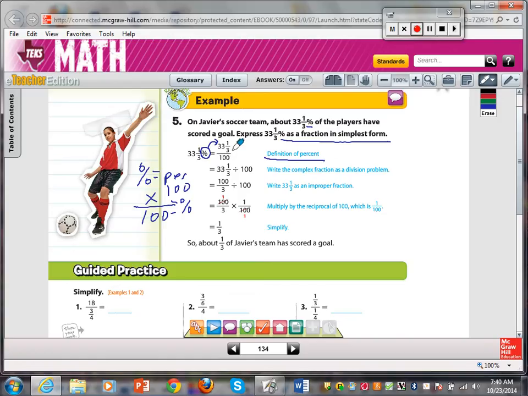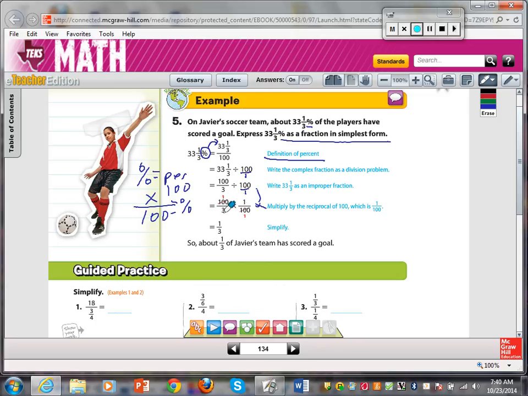So now this should look similar by now. We rewrite this into 33 and 1/3 divided by 100, right? We take our 100 and put it over 1. Yes? So now from here, remember that this is the same as multiplying times the reciprocal of this guy. So in this case, you see that the hundreds cancel. So this becomes a 1. 100 goes into 100 once.